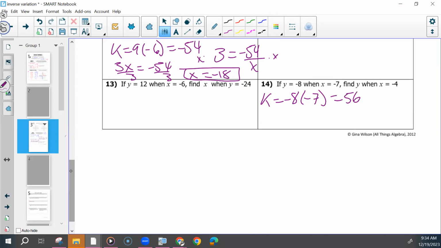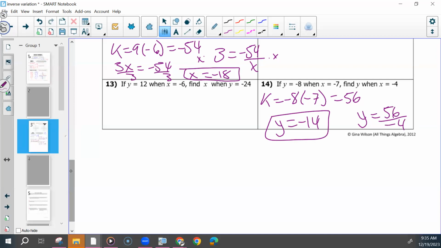How would we set up our equation? y equals 56 over -4. What is y? We're going to do a couple applications and then we'll be done for today.